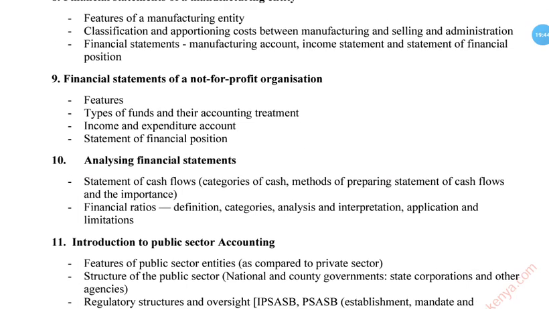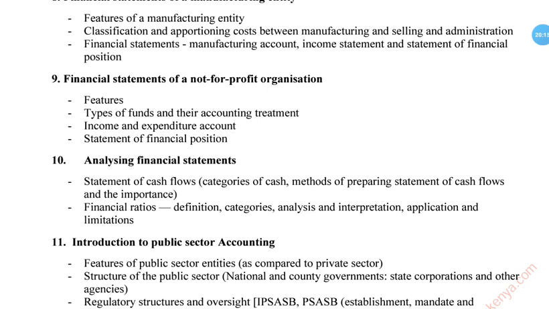Topic number 10 will be analyzing financial statement. Analyzing financial statement, statement of cash flow, categories of cash, methods of preparing statement of cash flow and the importance.